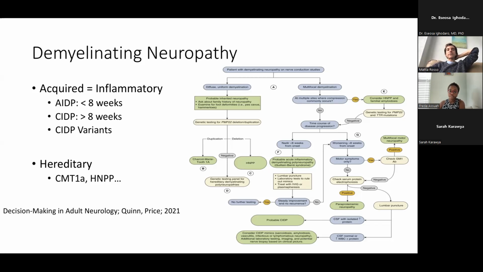We can give them for CIDP, but not in AIDP. And then IVIG is one option. Plasmapheresis is another option. They're pretty much equivalent. Sometimes we go for IVIG, mostly because it's the faster option. You can just order it and have it given to the patient the same day within a couple of hours.